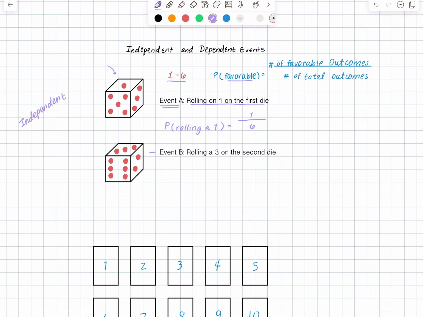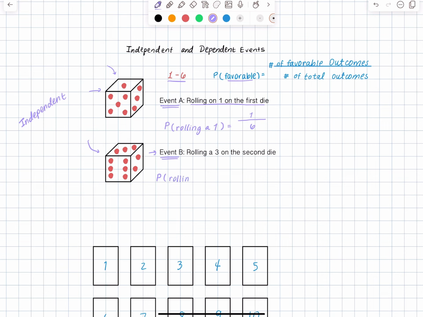Now the next event, which is event B, is still independent: rolling a 3 on the second die. Well, this is independent because rolling a 1 on this die will not affect the outcome of this die.